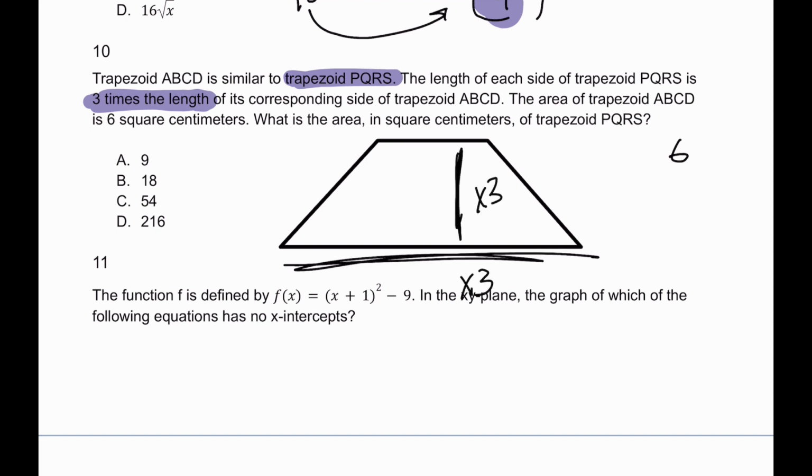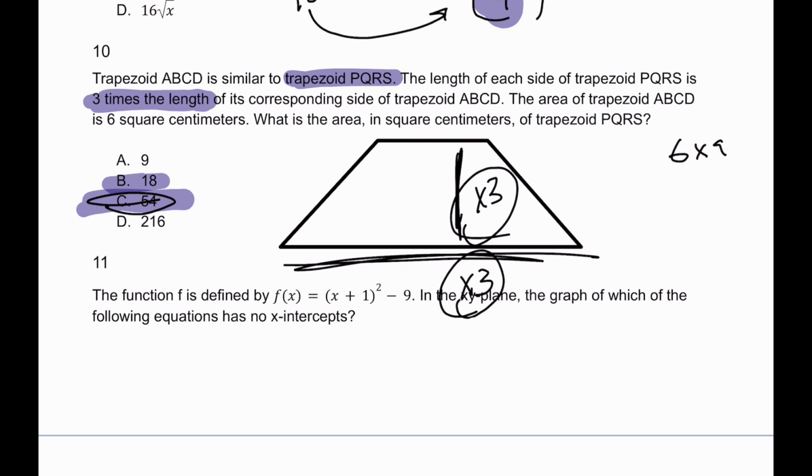Remember that this is a quadrilateral. There's a length and a width, a base and a height. Therefore, I'm actually multiplying by 9. I'm 9 times as big. It's C. A lot of students are probably going to choose B here, really just multiply 6 and 3, but it's wrong. The answer is C.